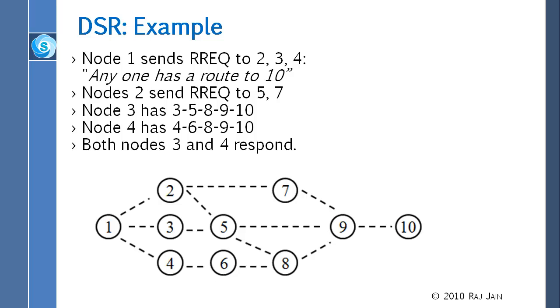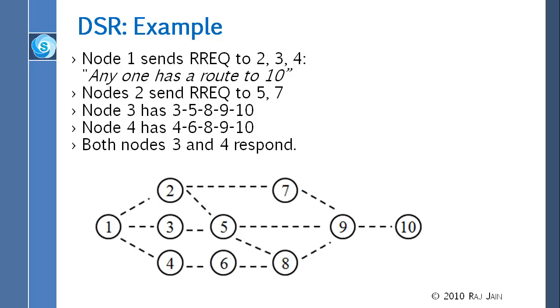So it will be 1, 3, 5, 9, 10, and 1, 4, 6, 8, 10. And node 1 in this case would probably select the route through 3 because that has a smaller number of hops, right? So it can keep 3 and then use 4 as a backup in case something goes wrong, or it can just forget 4.